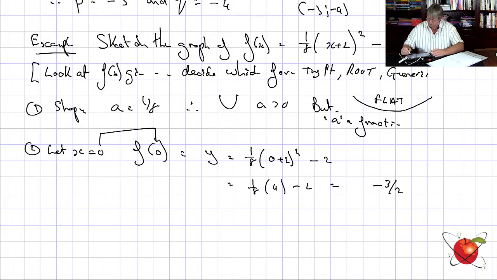Okay, so now we've got the coordinate there. That coordinate, remember, we always write them down.